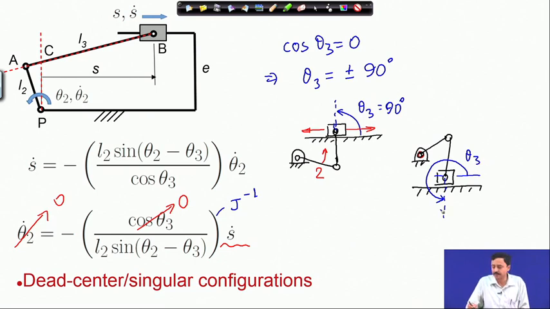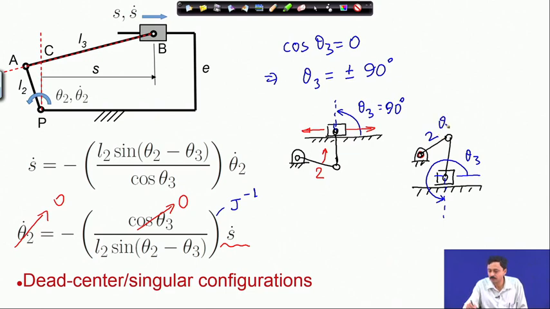So, either you say that this is 270 degrees or minus 90 degrees. So, both are the same. So, this is another singular configuration where link 2 cannot move.